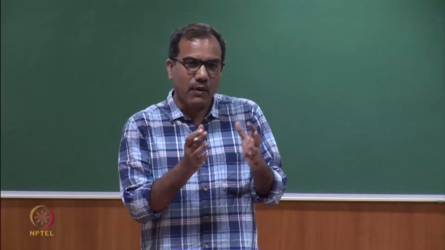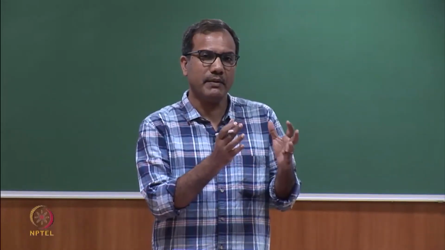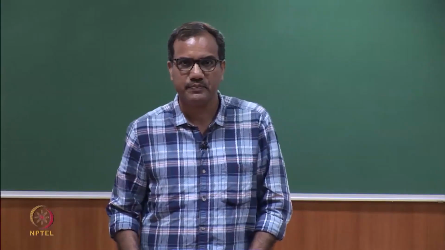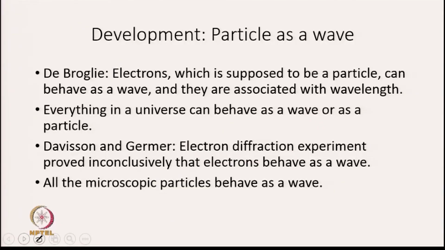So, till now we are talking about light. Now, let us see what development took place on the particle front. It was de Broglie who suggested that electron, which is supposed to be a particle, can behave as a wave, and they are associated with wavelength.